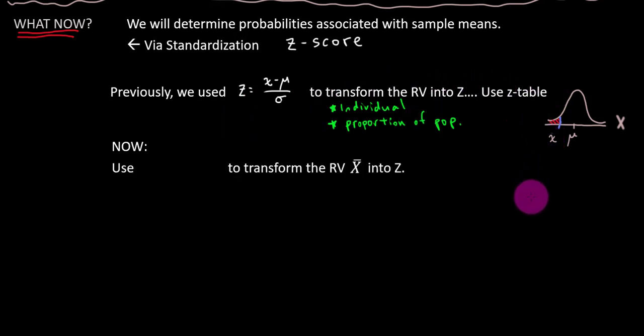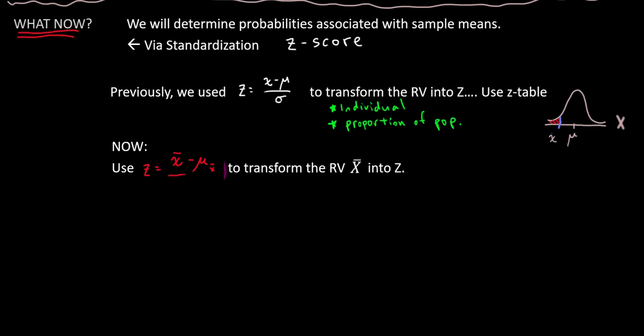Now we will use that same idea, except our z-score is going to be not an individual x value, but a sample mean x bar. We will subtract not just the mean mu, but the mean of the distribution of x bars.